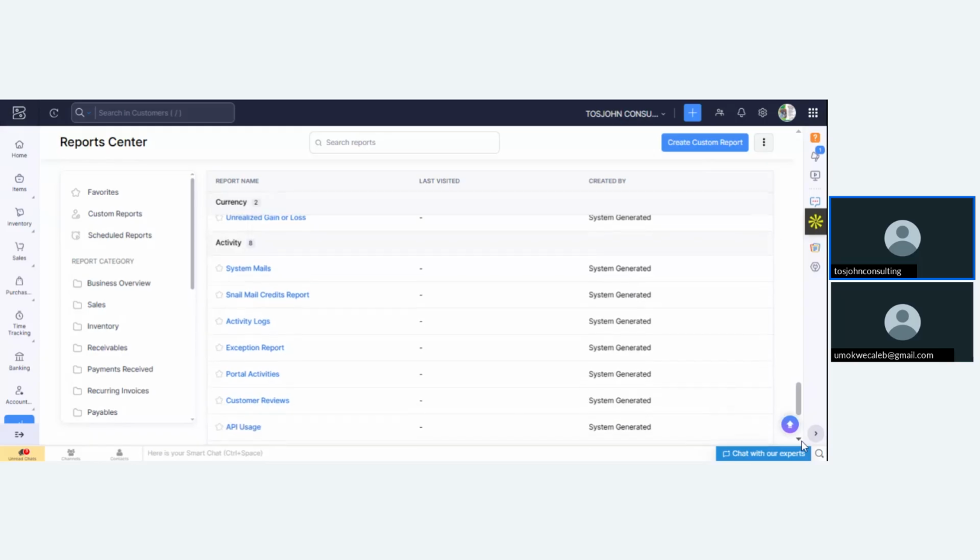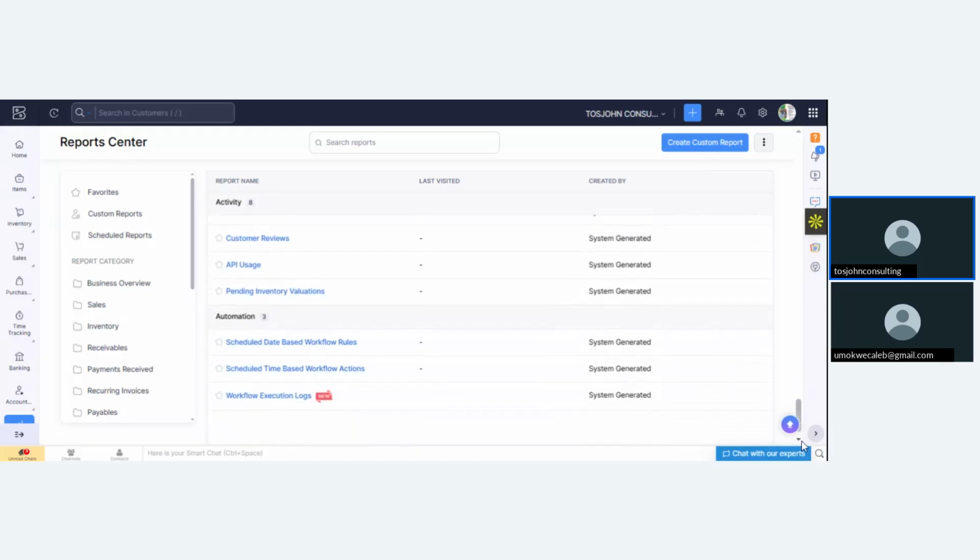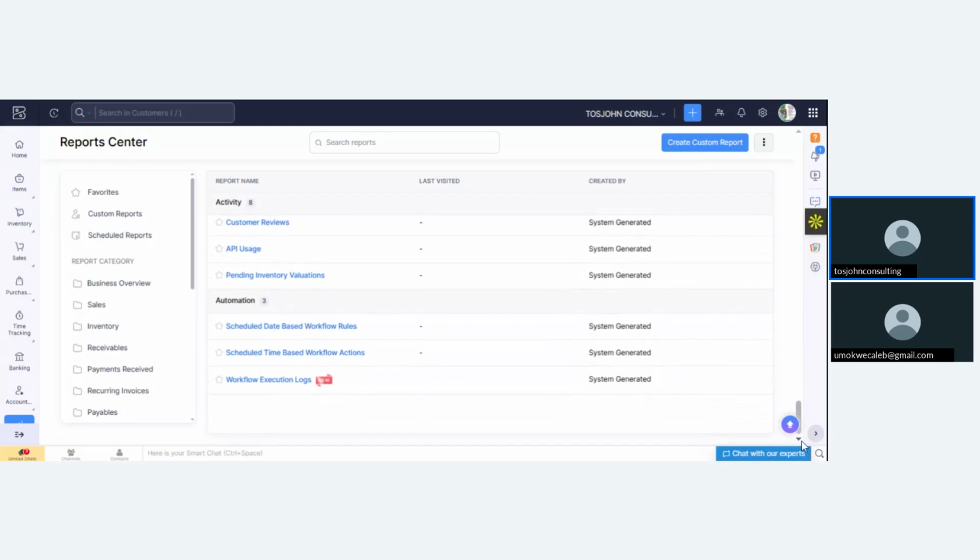So you can see activities, automation, your workflow, everything. So accounting software is very good. It's very, very good. And you can open it from your phone. You can open it on the system. If you are in transit and you want to get information, you can always get it.